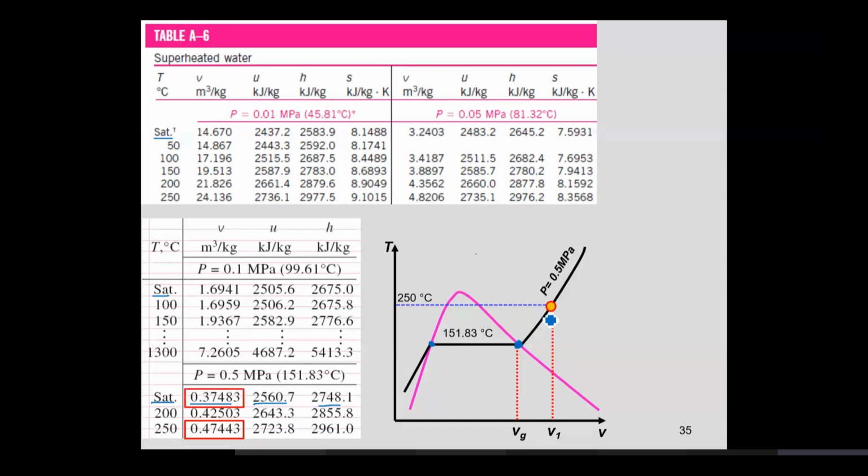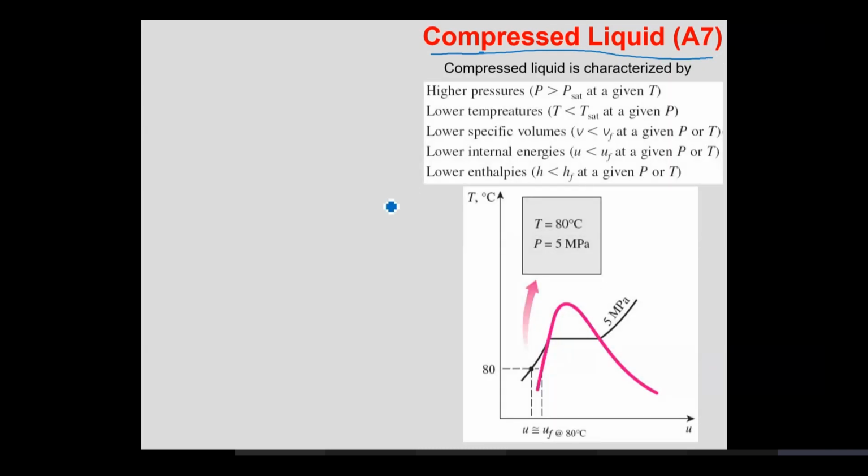Moving on to compressed liquid table A7. Again, you have to identify the region for yourself. How would you identify? There are certain conditions, the same conditions. These three conditions are known to you: enthalpy should be less than saturated liquid enthalpy, internal energy less than saturated liquid internal energy, specific volume less than saturated liquid specific volume.